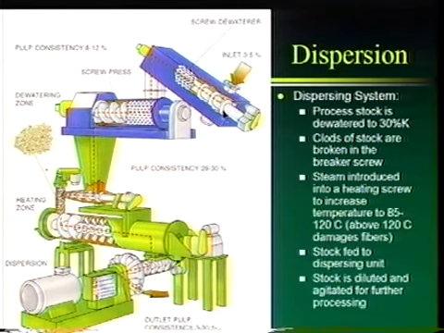I mentioned to you that dispersion, we run that on 30% consistency pulp. And so we've got to invest in some equipment to actually run this process. Here we're showing the equipment that's needed to dewater the pulp to 30% consistency.